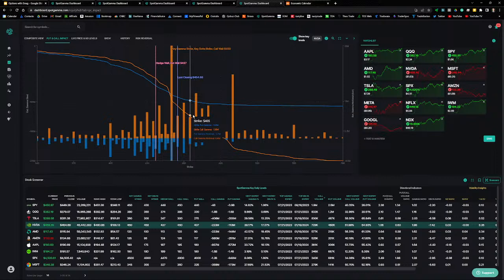If traders don't continue to buy calls aggressively, all these calls at 450 and above are going to start to lose value. They're going to lose all their extrinsic value, and of course anything above the current price is all extrinsic value. So look for a potential call gamma unwind at or after Friday expiration.